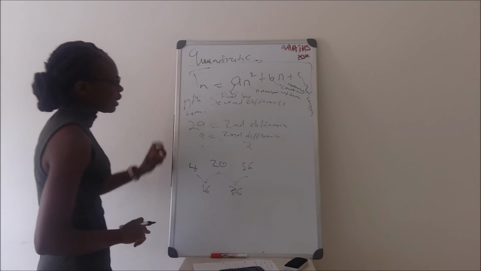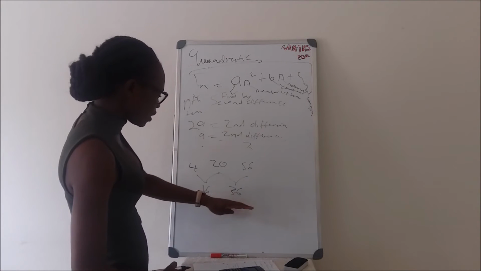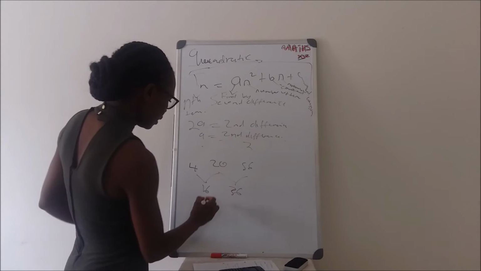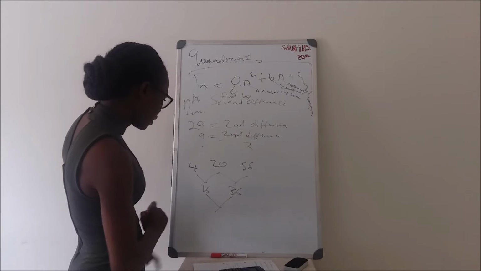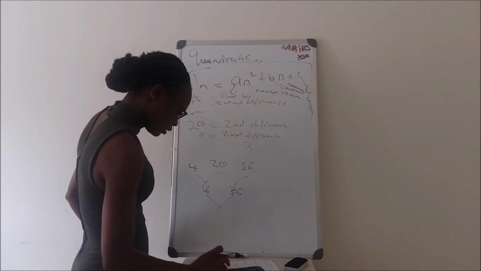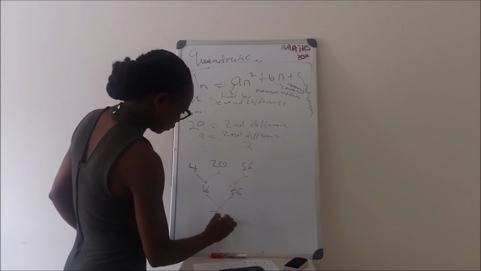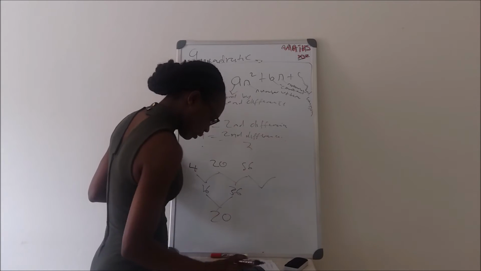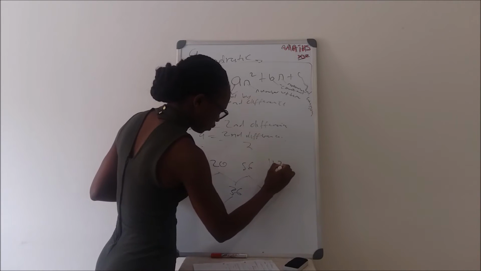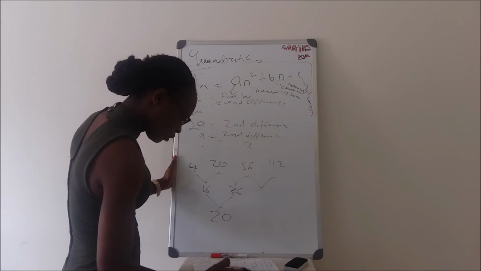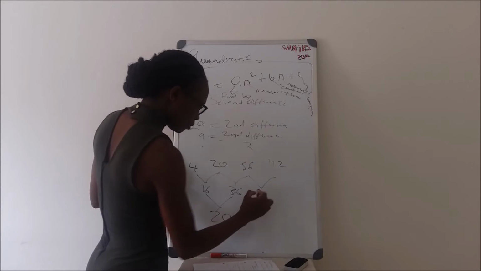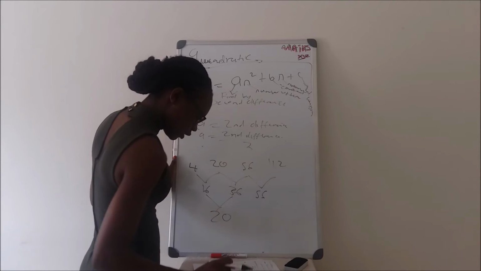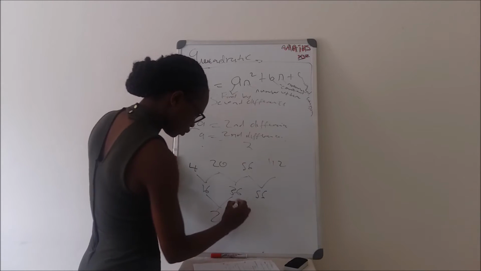Can you see, unlike the linear sequence and series where the first difference is the same, here the first difference is not the same. This is 36 minus 16, which gives us 20. If we have another number here, let's say 112, then 112 minus 56 will be 56, and 56 minus 36 will be 20.